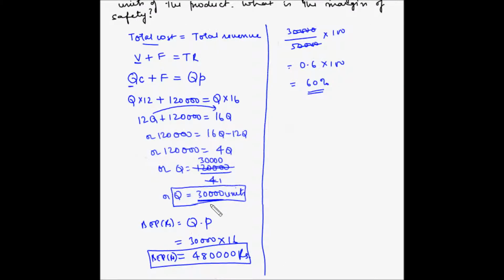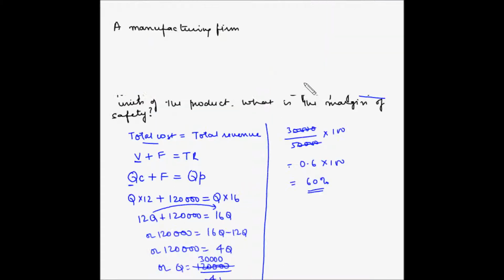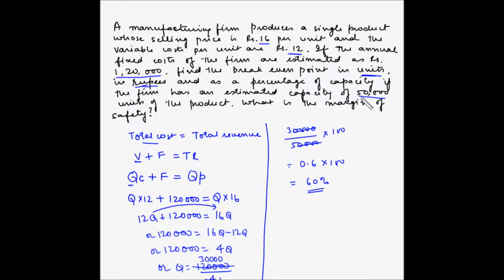So the break-even point is at 30,000 units and the maximum the firm can produce is 50,000. So margin of safety is basically 50,000 minus 30,000, which is 20,000 units.